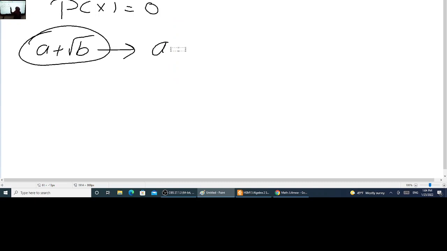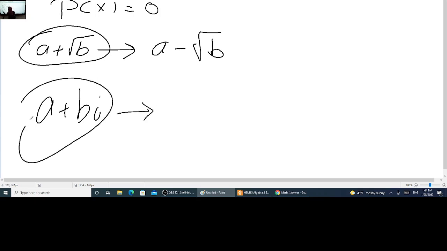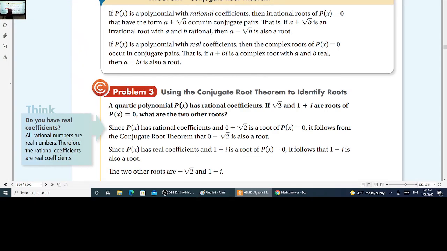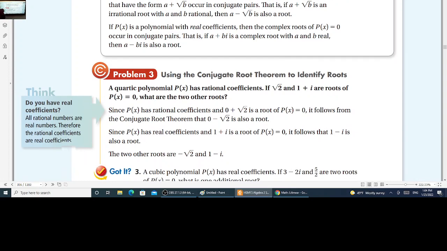A minus the square root of b is also a solution. Same story: if a plus bi is a complex root for this polynomial, then the conjugate of this solution is also a solution. The conjugate of a plus bi is a minus bi. It's just a very simple theorem.